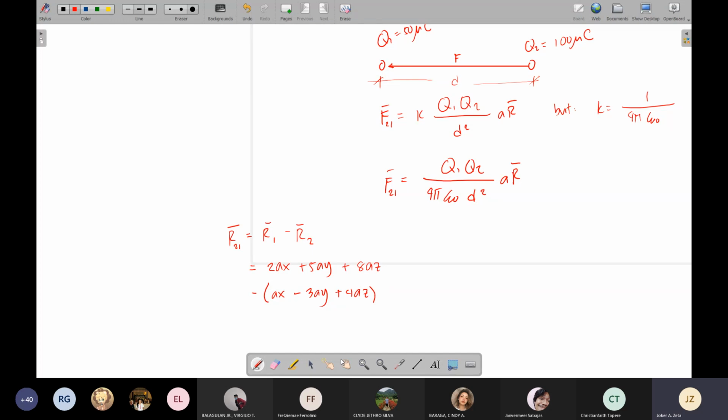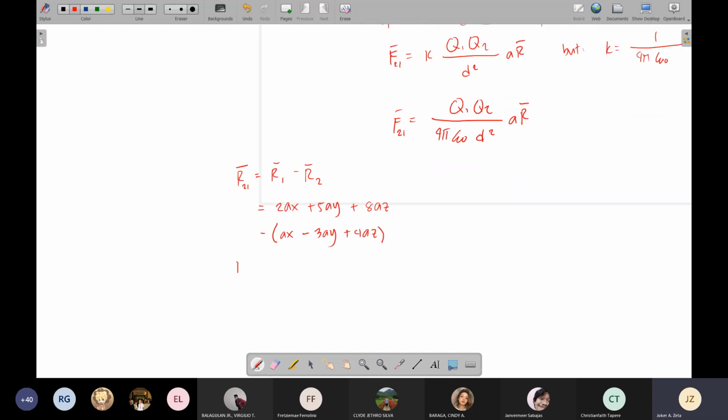Therefore, the vector distance from 2 to 1 will be 2ax minus ax, so ax only. Then 5ay minus negative 3ay, so this would be plus 8ay. And 8az minus 4az, so plus 4az.